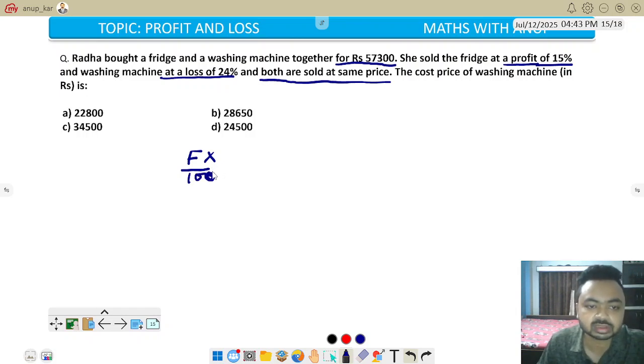We consider the cost price to be equivalent to 100%, as I have demonstrated in the last class. So sold the fridge at profit of 15%, so it will be 115. And washing machine is sold at a loss of 24%, means it will come out to be 76.